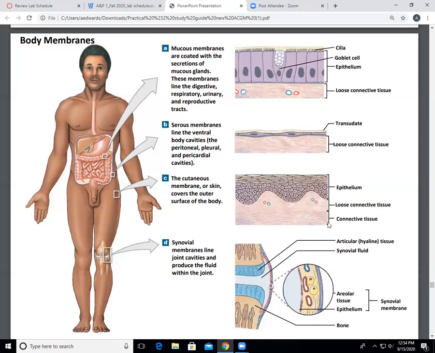All right, so here, this joint here, you've got cartilage on the ends of these bones, also helps cushion the joint, so those bones aren't hitting each other. You also have synovial fluid in here to cushion the joint.